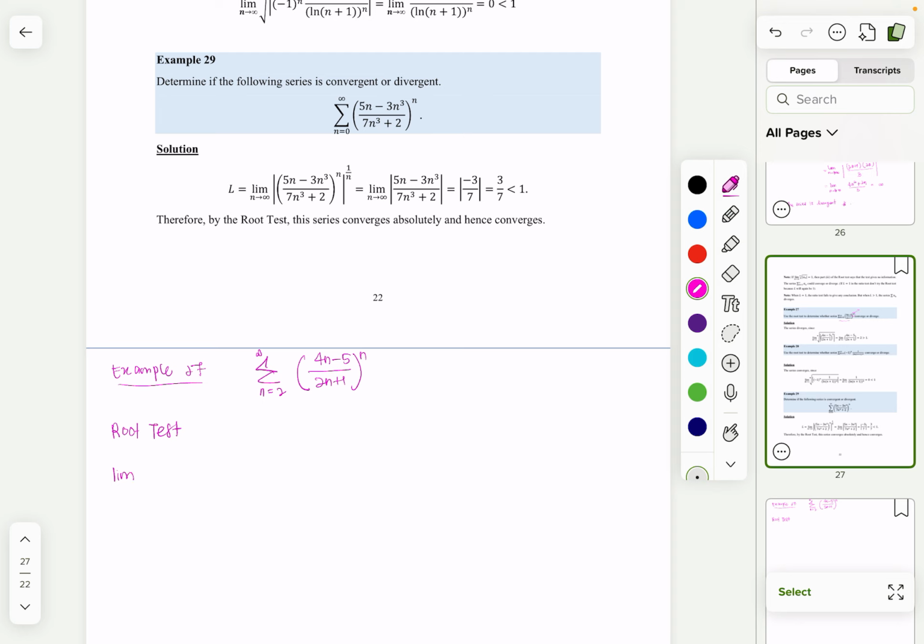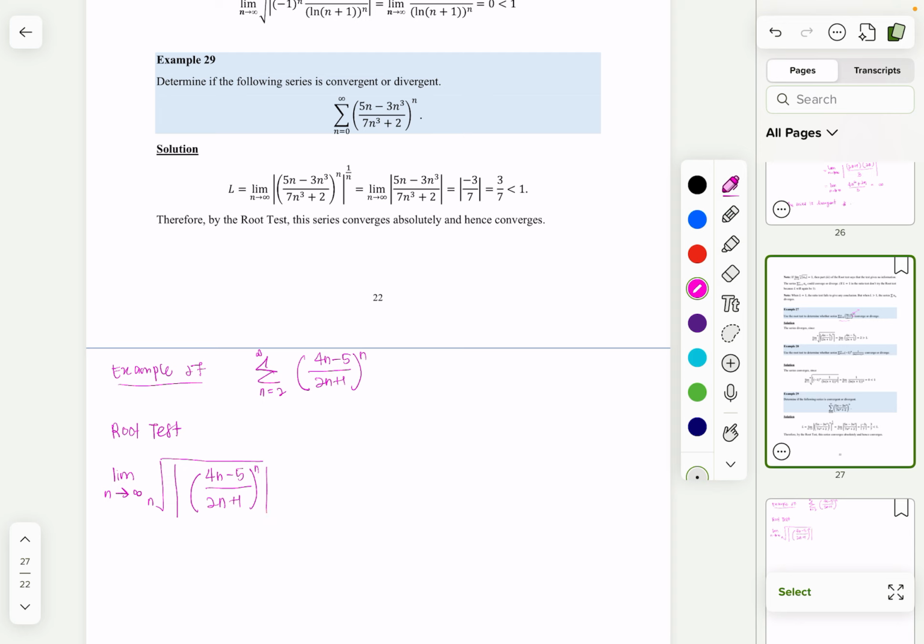limit as n goes to infinity of the nth root of the absolute value of ((4n minus 5) divided by (2n plus 1)) to the power of n, and then we close the absolute.